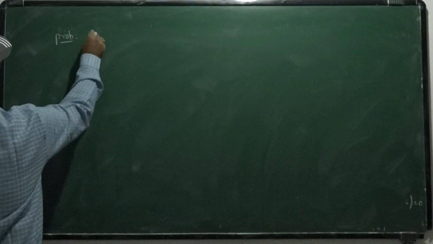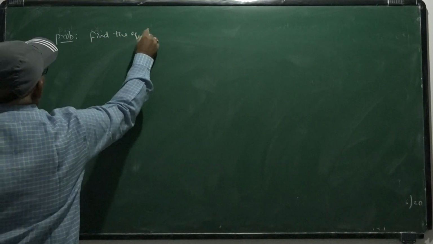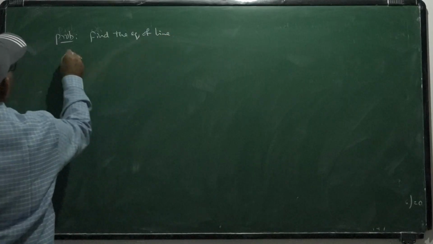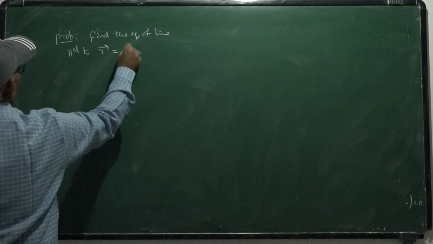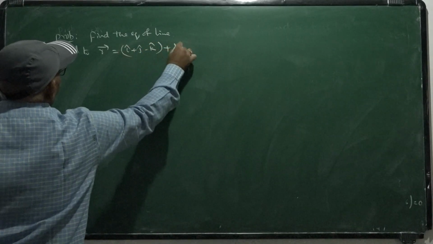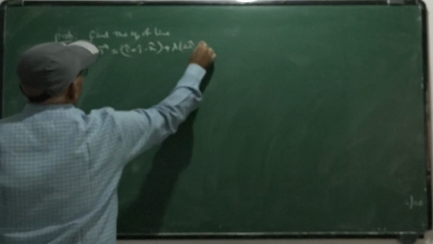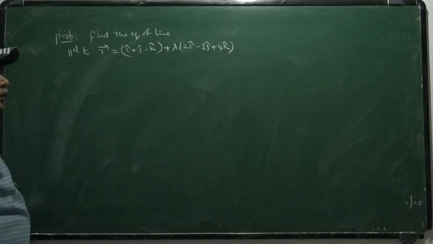Next, find the equation of the line parallel to r bar equal to i plus j minus k plus lambda into (2i minus 3j plus 4k).